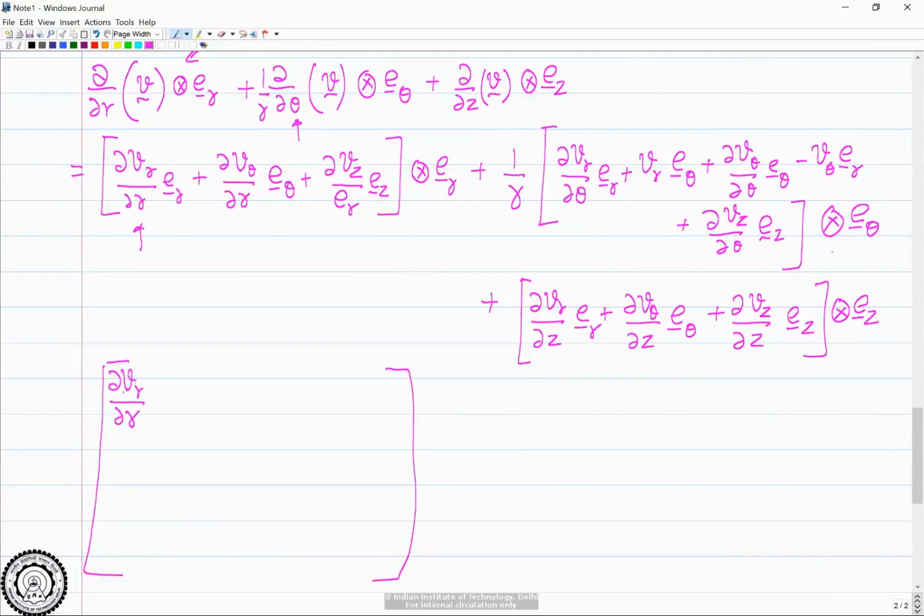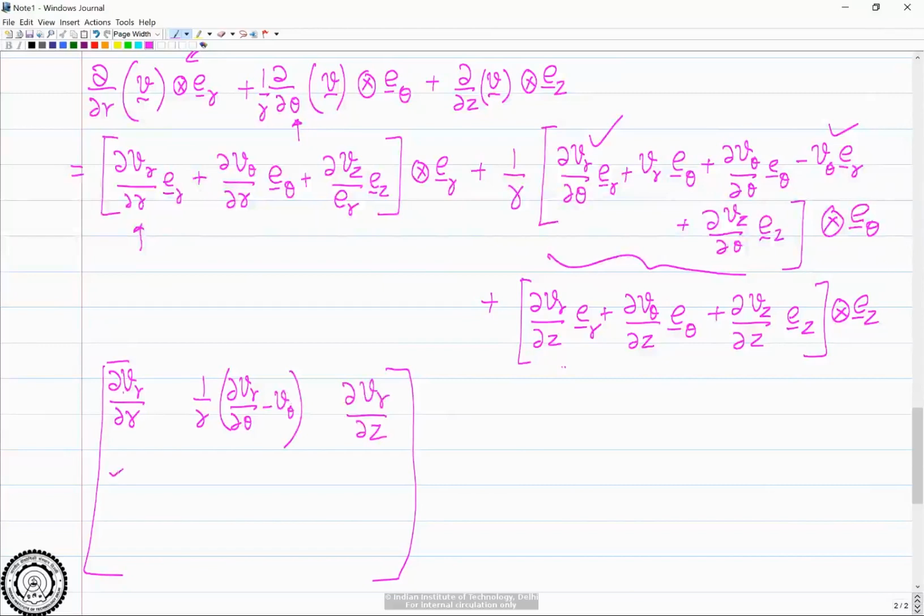So second one is tensor product E theta, so it has to be here. So you have 2 of them, you can see you have 2 of them. So you get 1 by r del Vr by del theta minus V theta. Then Er tensor product Ez, that's here. So this is del Vr by del Z.